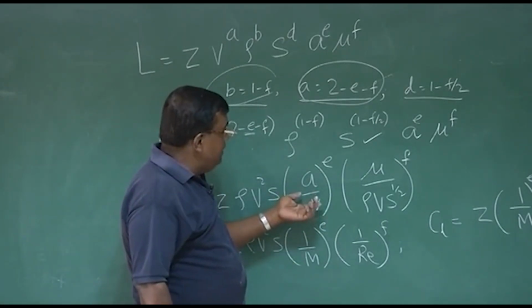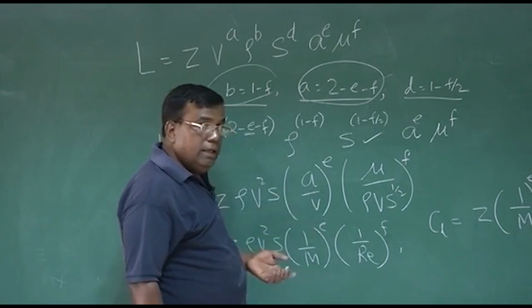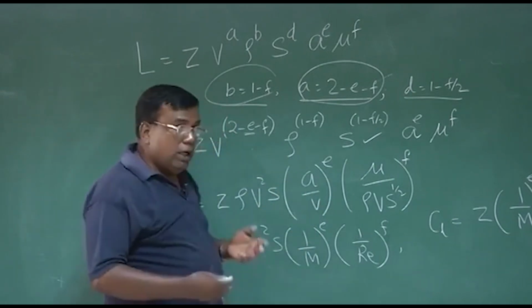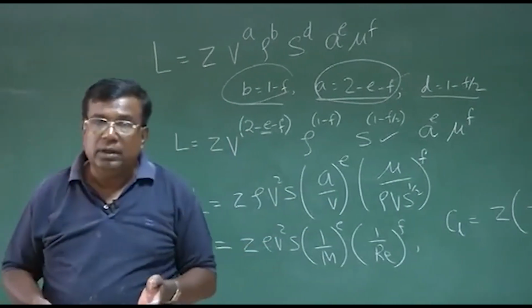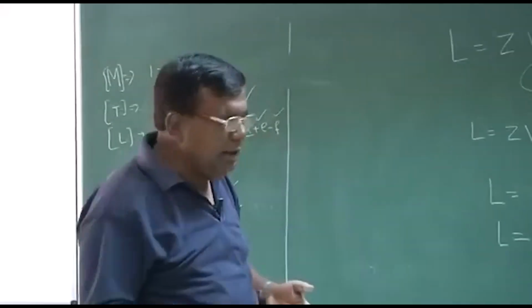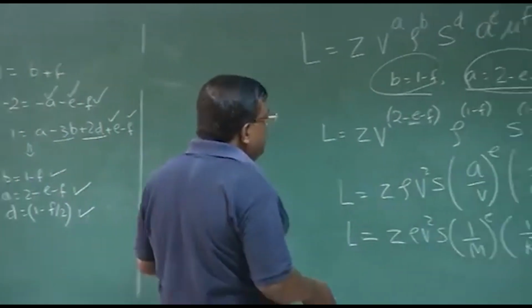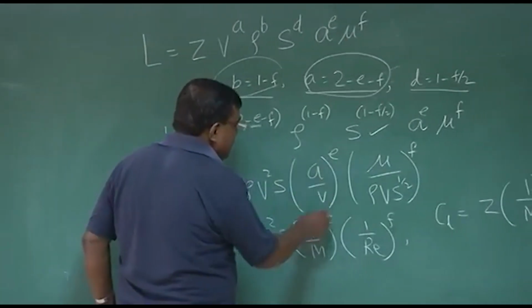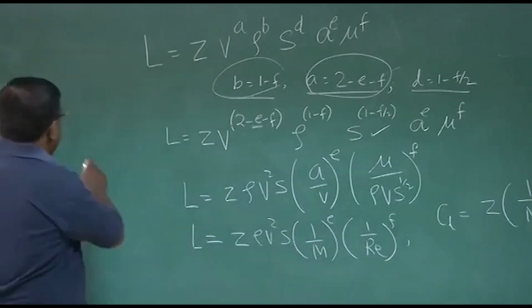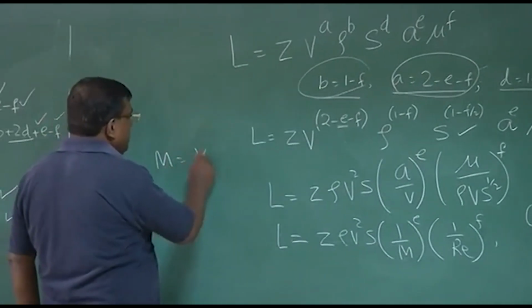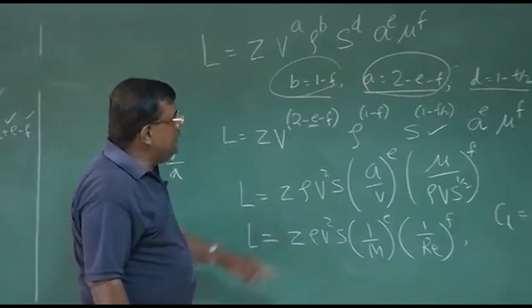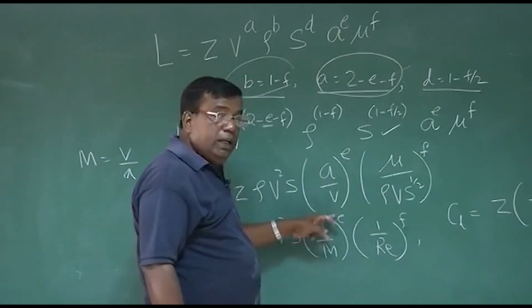We have discussed and agreed the importance of Mach number, the speed of sound A, and the speed of vehicle, which is V. So what is A by V? A by V is 1 by Mach number, because we define Mach number as V by A. So this I am writing as 1 by M to the power E.